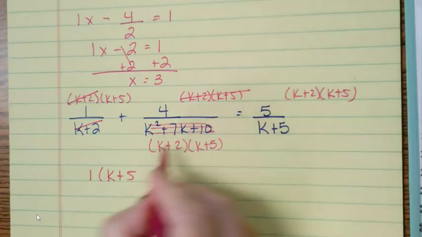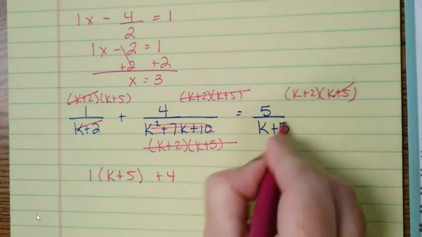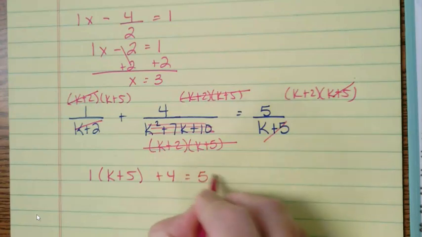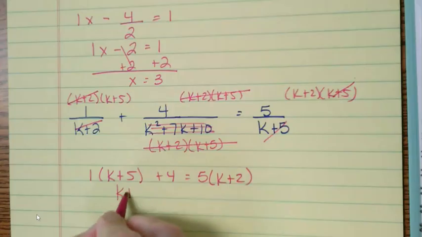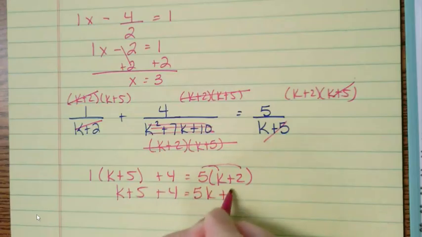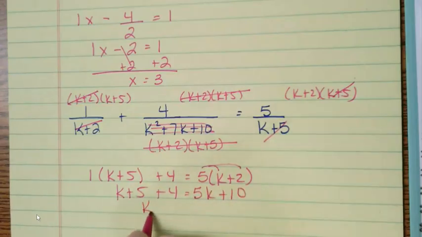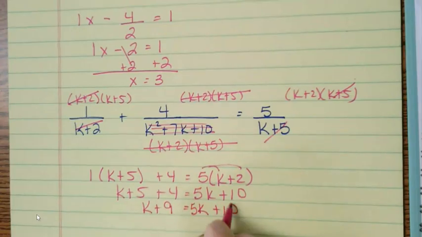The k plus 2, k plus 5's cancel, plus 4. The k plus 5 cancel, so it equals 5 times k plus 2. So k plus 5 plus 4 equals 5k plus 10. So k plus 9 equals, whoopsies, 5k plus 10.